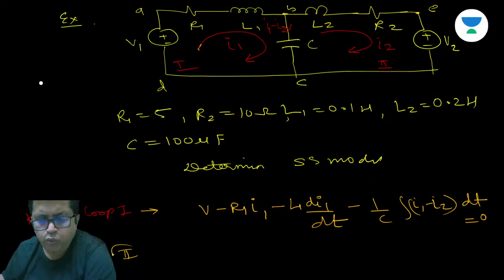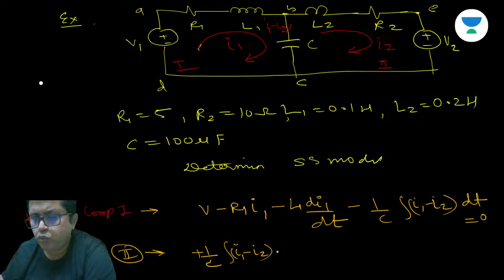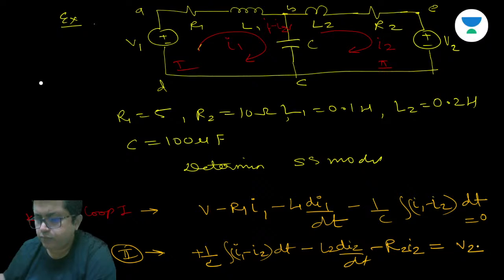KVL to loop 2 gives minus 1 by C integral, so this will be plus 1 by C integral I1 minus I2 dt minus L2 di2 by dt minus R2 I2 is equal to V2.